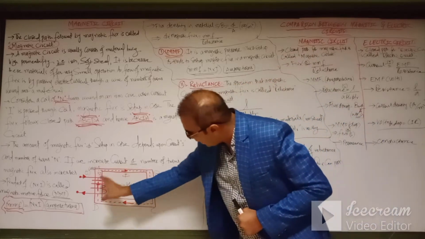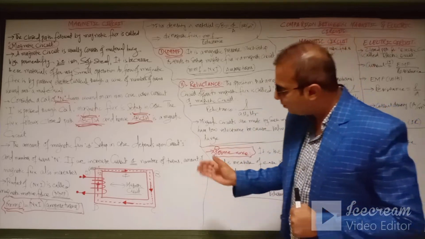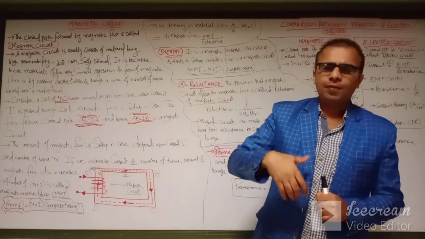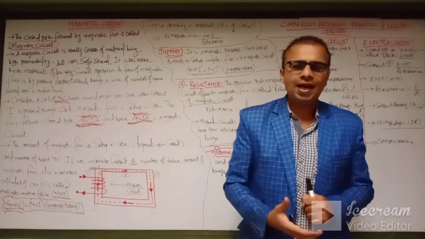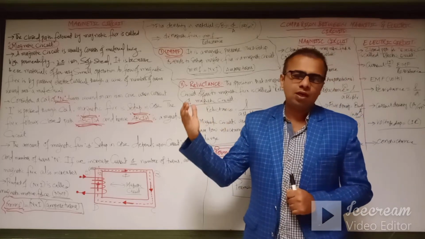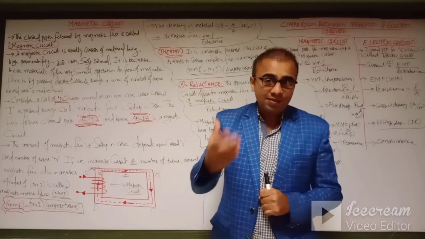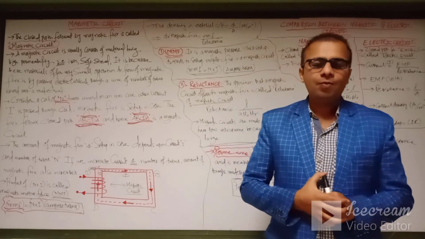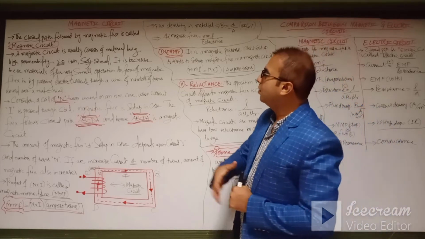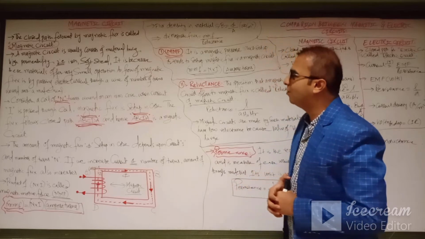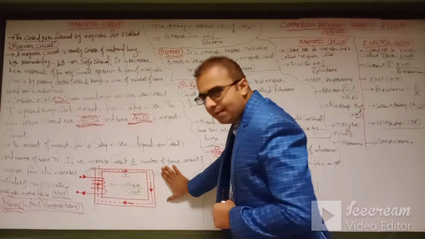If we have a particular area through which the magnetic lines of force travel and pass through a unit area, that is called the magnetic flux density, and its unit is Weber per meter square, because here the area has been considered. So the closed path by which the magnetic flux travels is called the magnetic circuit.